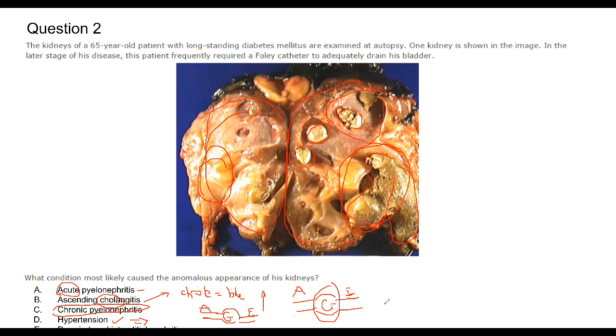The functional unit of a liver is the hepatocyte. So the functional unit of a kidney, what do you call that? It starts with a G. Nephron? Yeah, nephron or glomerulus, right? Okay, a glomerulus. So when you have hypertension, that's what it's affecting, the glomerulus. It doesn't affect this, okay?